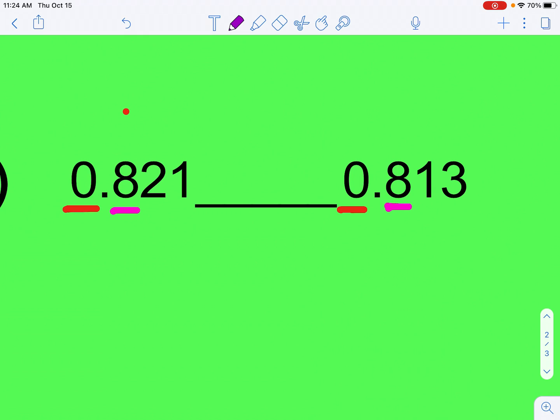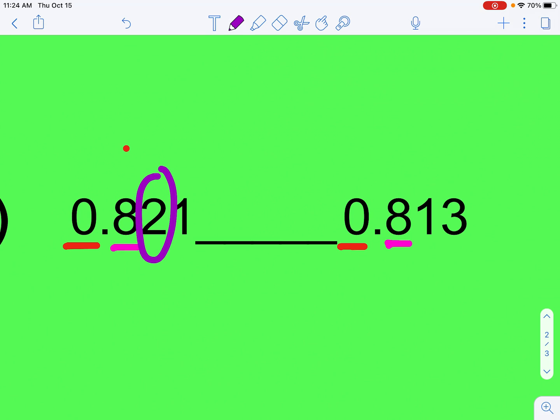Those are still the same, so I just keep going to my next number. I have a 2 in the 100th place and I have a 1 in the 100th place. Which number is bigger, a 2 or a 1? Right, the 2. So 821 thousandths is bigger than 813 thousandths.